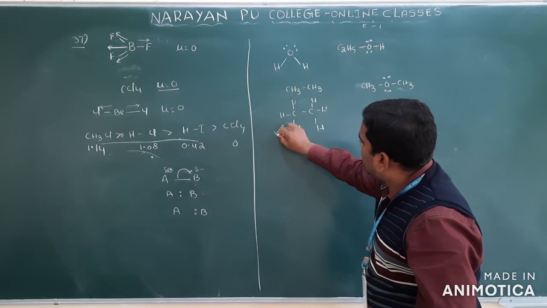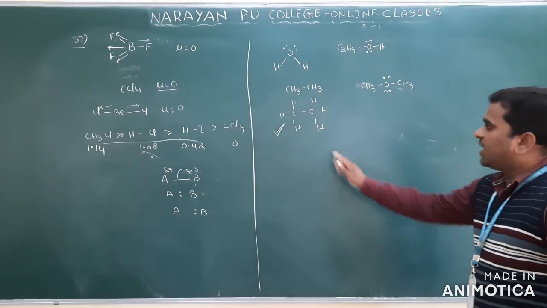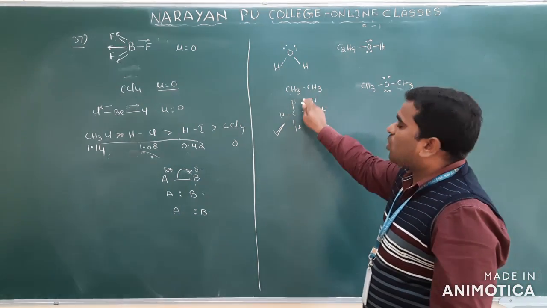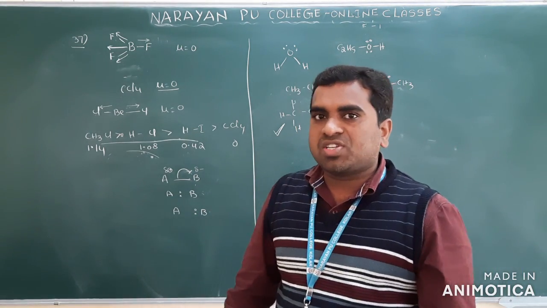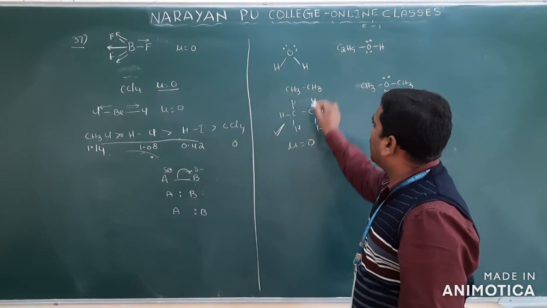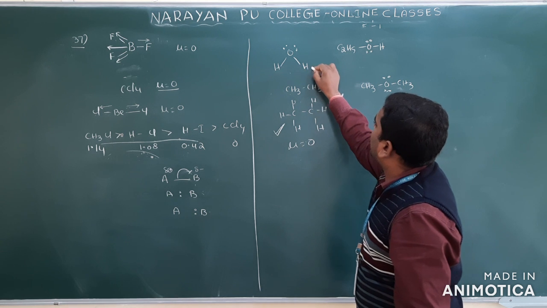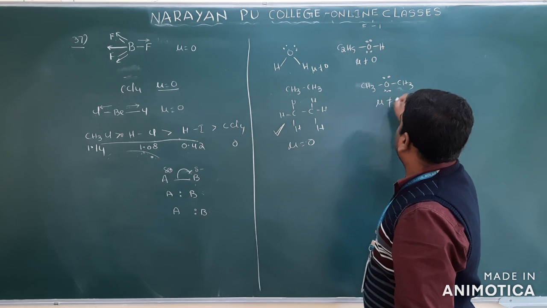This is regular geometry. It doesn't have any lone pair of electrons. There is no lone pair of electrons, so all are bond pairs, which means it will have a regular shape, and dipole moment will be 0. Mu is equal to 0. In all other cases, mu is not equal to 0 because it will not have the regular shape.